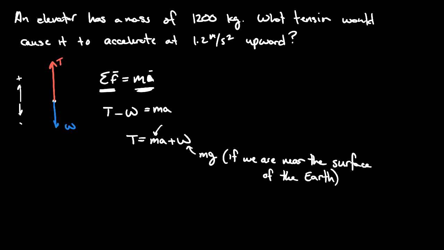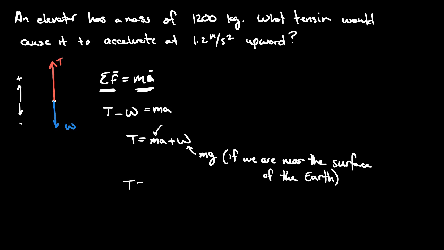A satellite, space shuttle, a rocket, a moon, they don't have a weight that's given by mg. If the moon is that close to the earth, well, we've got another problem entirely. So understand that mg is just when we're talking about stuff near the surface of our earth or any planet where we assume that the gravitational field is constant. Most of the time it won't be. So it's nice when it works out like this, but be aware that it doesn't have to be. Don't take it for granted.